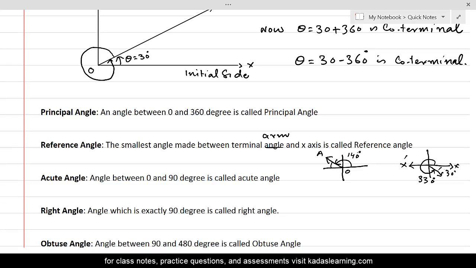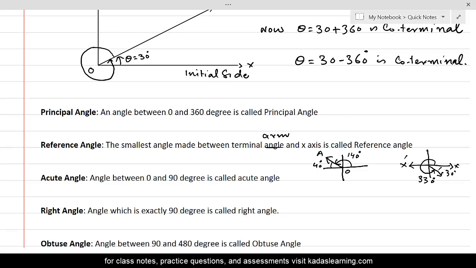The reference angle would be this, which is 40 degrees, because the closest arm is the negative x-axis, and if we subtract 140 from 180, we get the reference angle. So wherever the angle is, just look at the closest arm of the x-axis, whether it's positive or negative, and without considering the sign, just measure the angle, and that would be the reference angle.